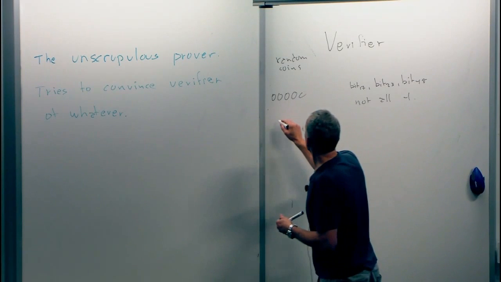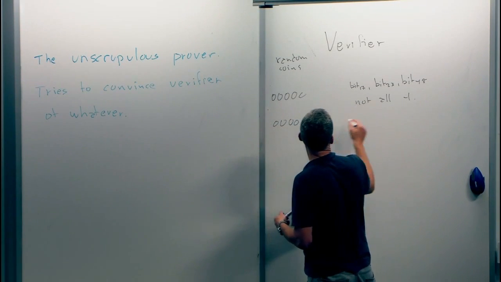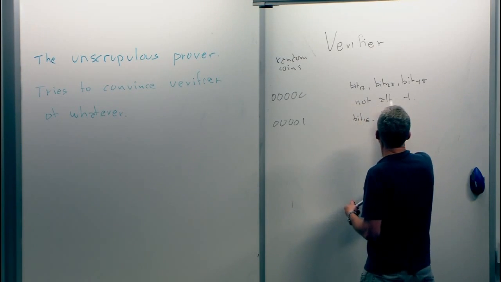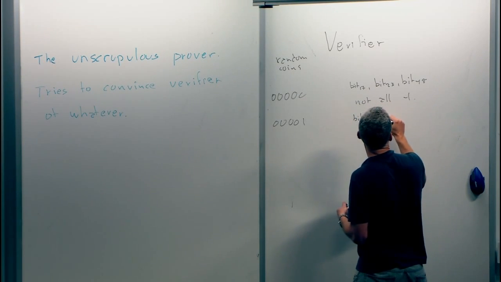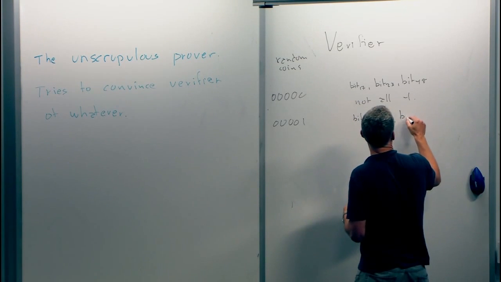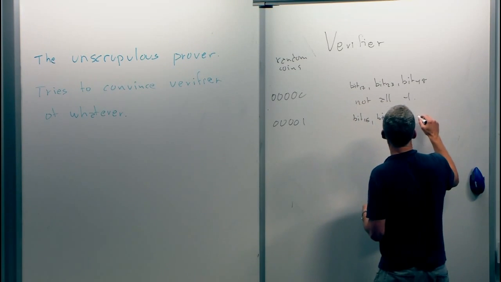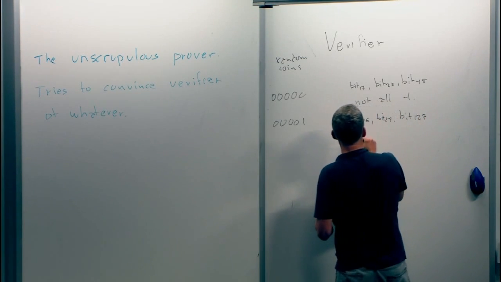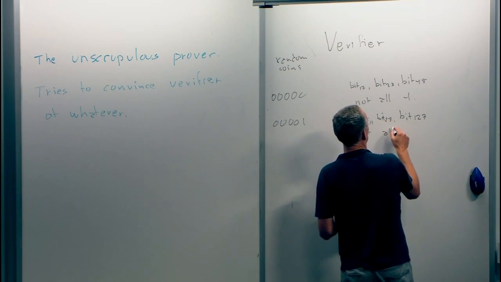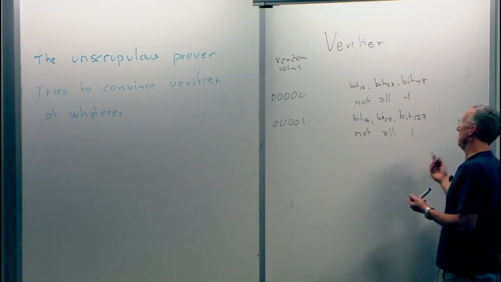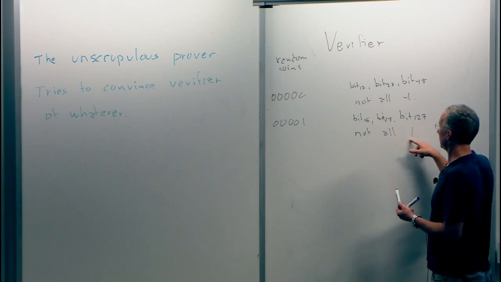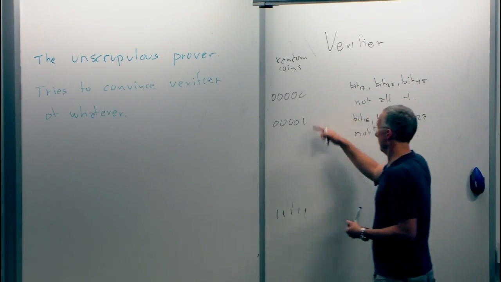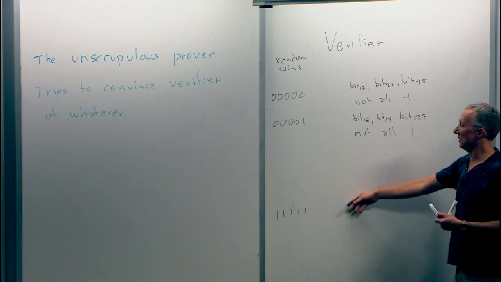If the verifier's coins are 0, 0, 0, 1, he'll read some other bits. Bit 18, bit 27, and then he'll check that they're not all ones. And finally, when the verifier's coins are all ones, he'll read some other 3 bits.